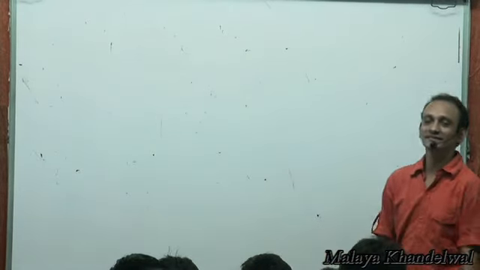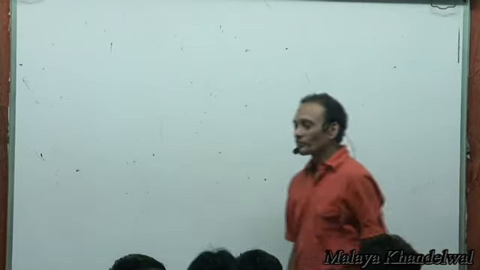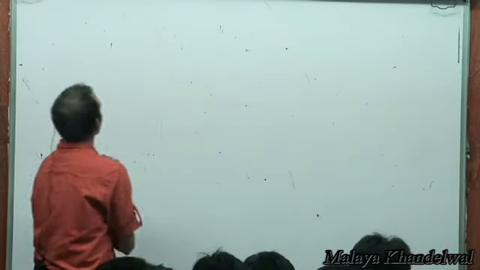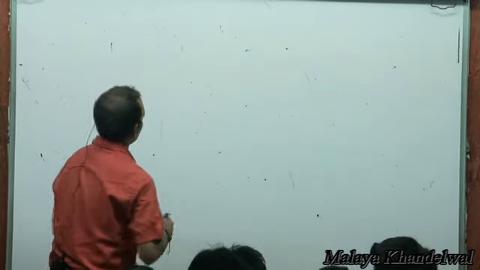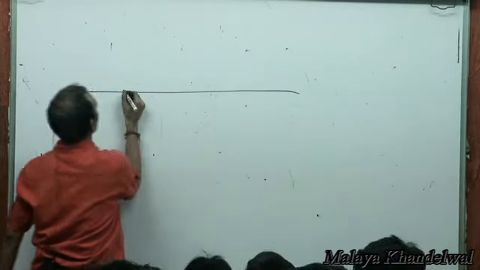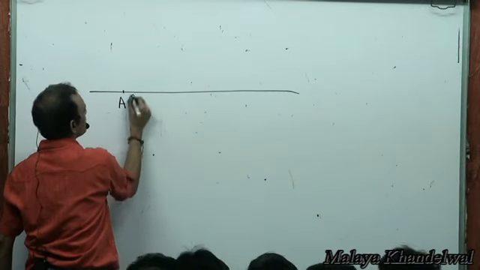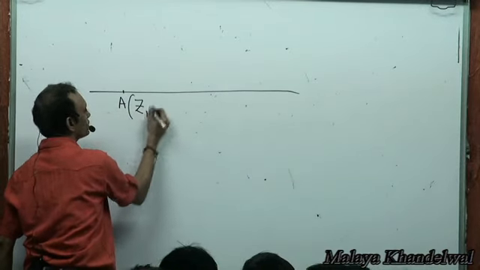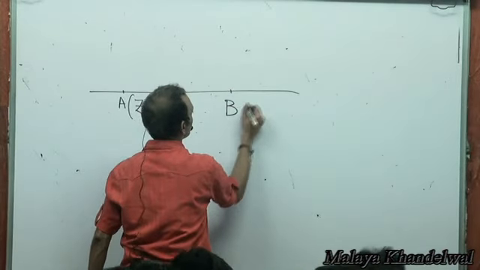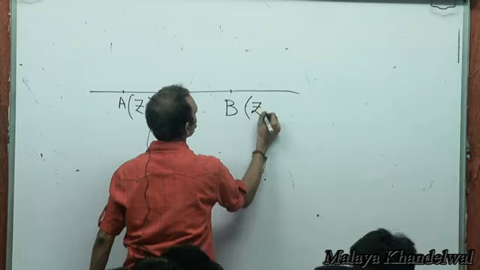Now, suppose there is a fixed point A, which is Z1. There is a fixed point B, which is Z2.